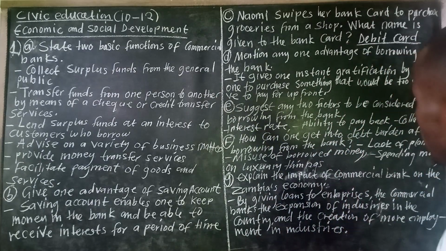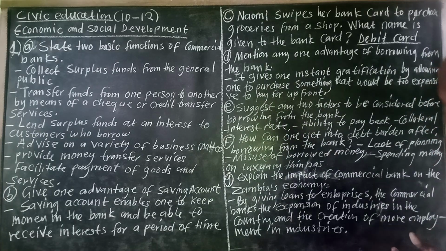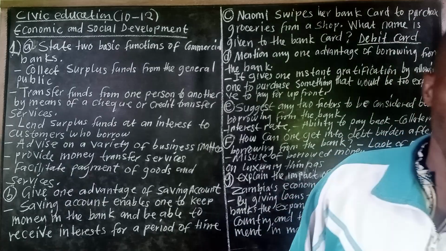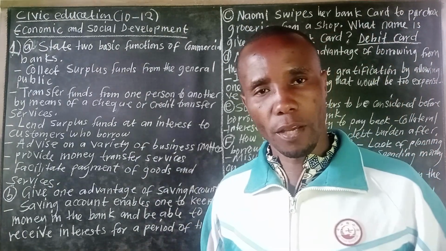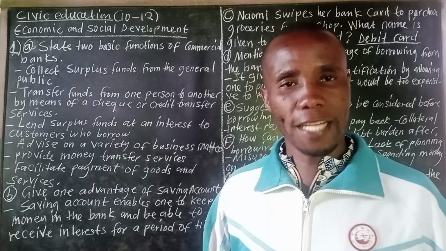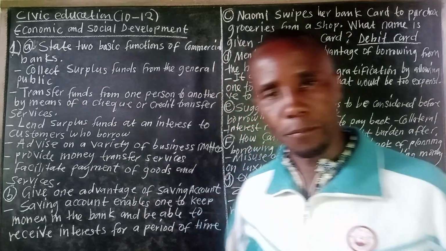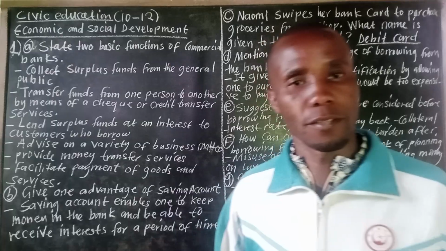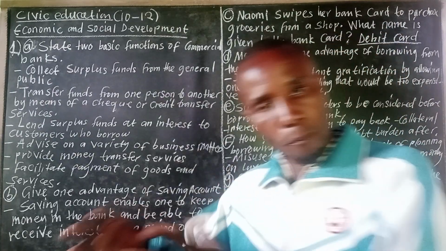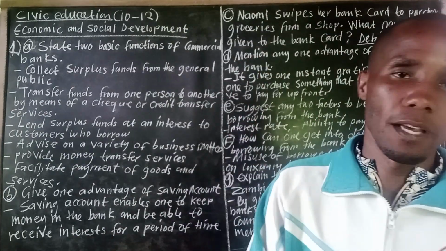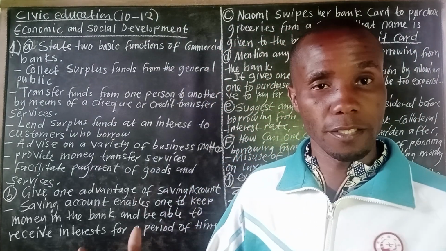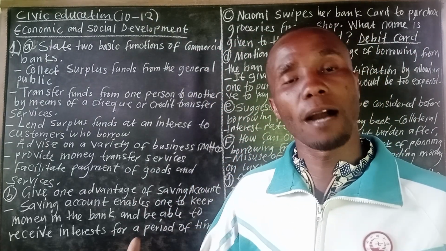Then G, explain the importance of commercial banks to Zambia's economy. So what is the importance of commercial banks to the Zambian economy? The most significant one is giving money to enterprises. When the commercial bank gives money to enterprises, those industries will actually expand their companies.